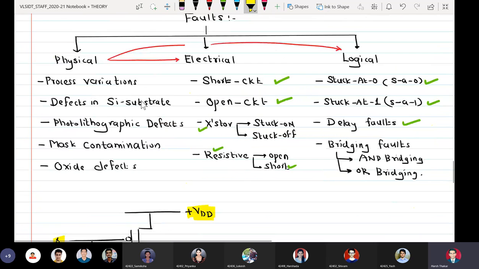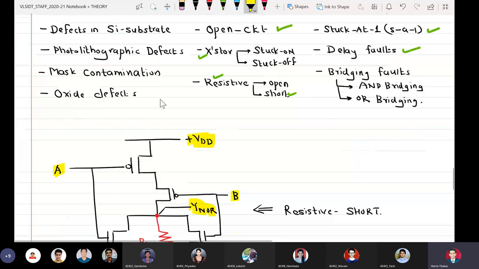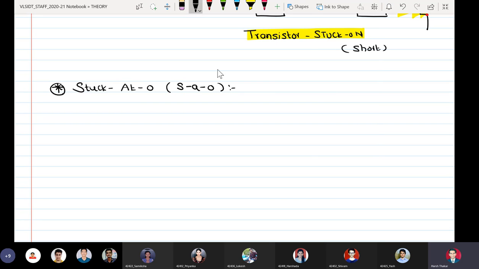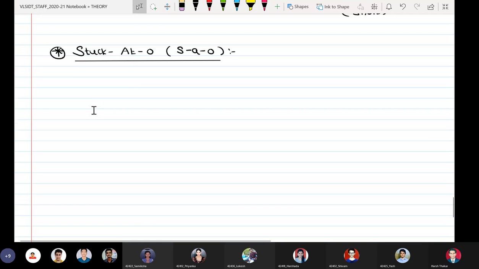Now we will discuss stuck at 0 and stuck at 1, which is very simple. First we'll define them and then demonstrate them. So stuck at 0, or SA0. This is not O, mind. It is stuck at 0. How is it defined? Stuck means to get stuck, means get connected.